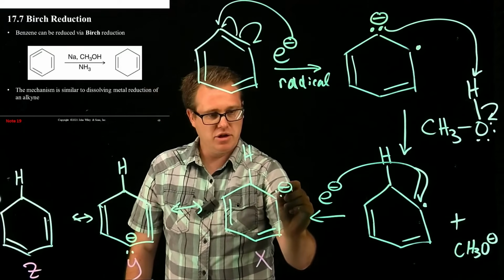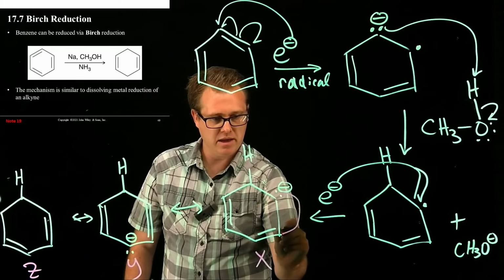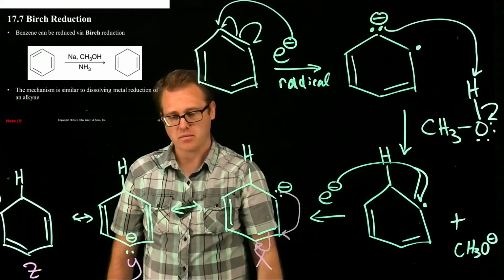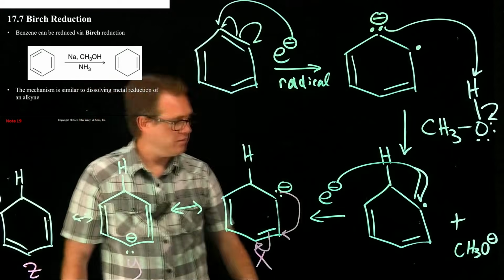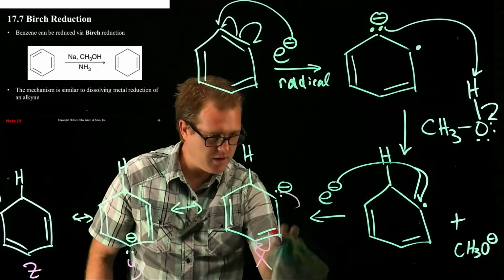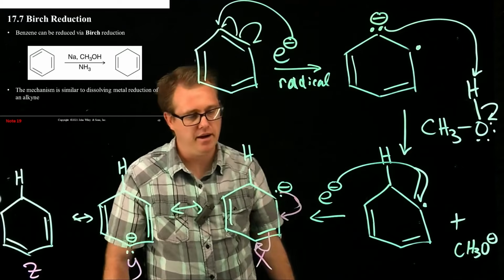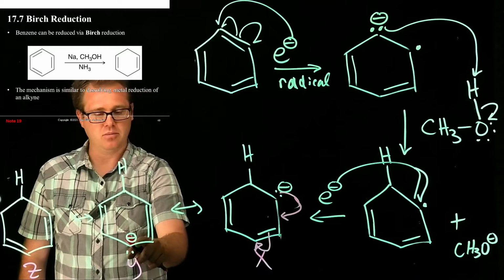Now, let's show you the mechanism here. So this lone pair right here is going to come down, and then those are going to go there to give us this species. That's not right, is it? There, to form that double bond and that gives us that lone pair.